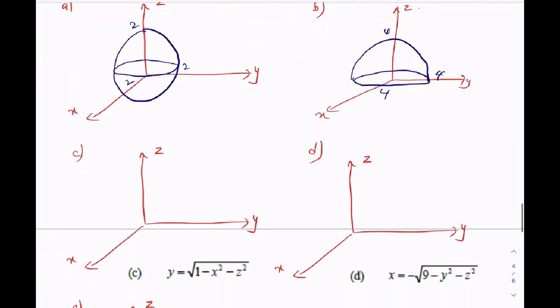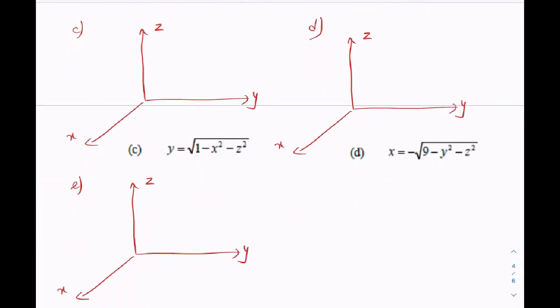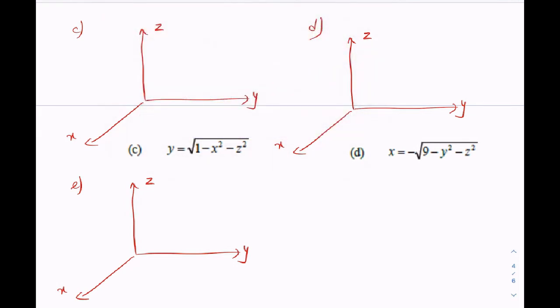I have paste the question. Okay, C. When we manipulate this one, okay, when we move this square root to this side, we will have x squared plus y squared plus z squared equals to 1, isn't it?